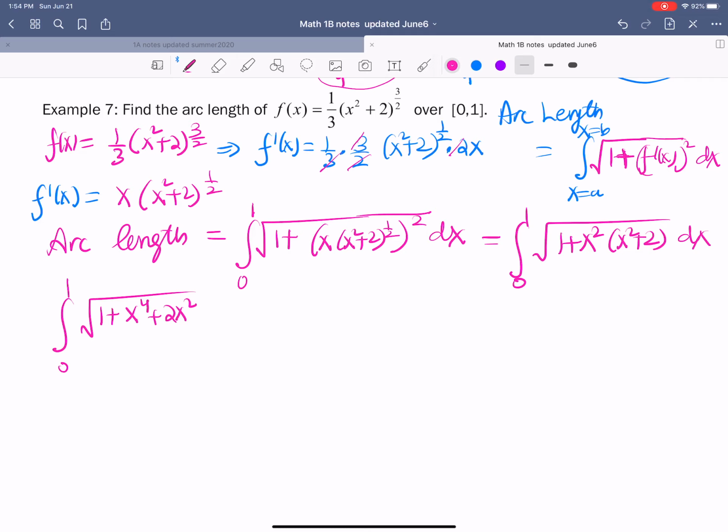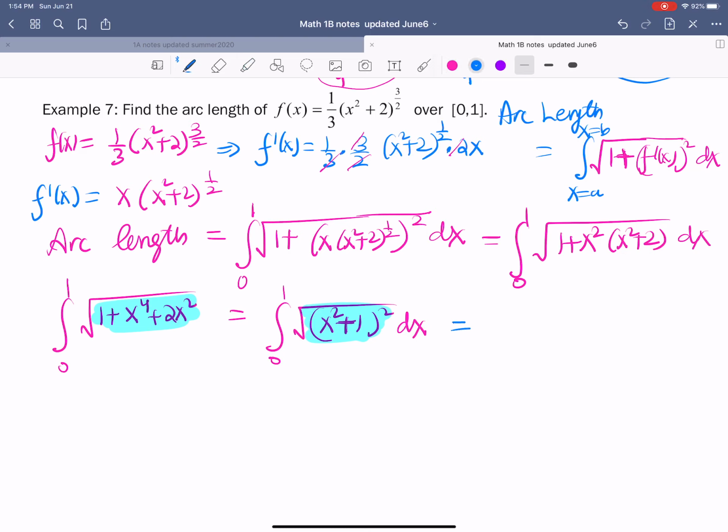And again, if you recognize it, it is a perfect square, which is (x squared plus 1) squared. So if you FOIL (x squared plus 1) squared, you do get this expression inside the square root.